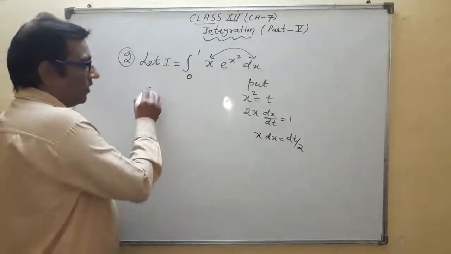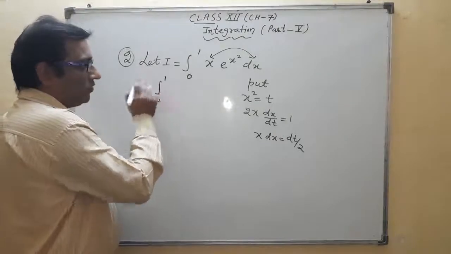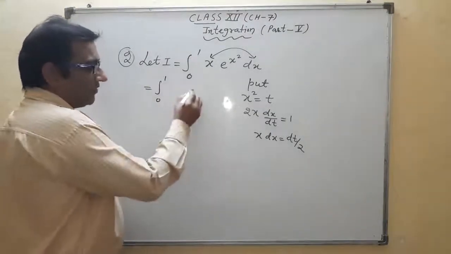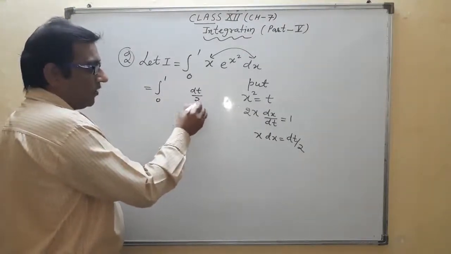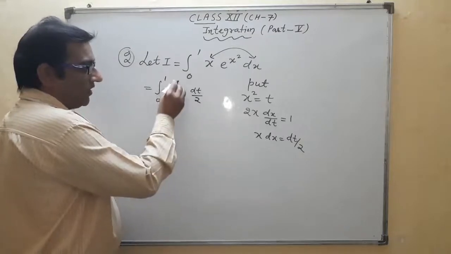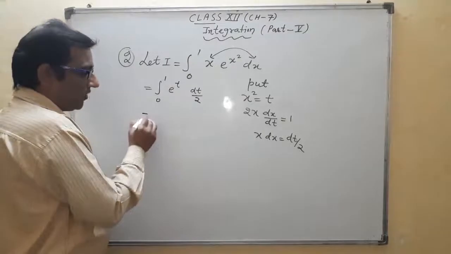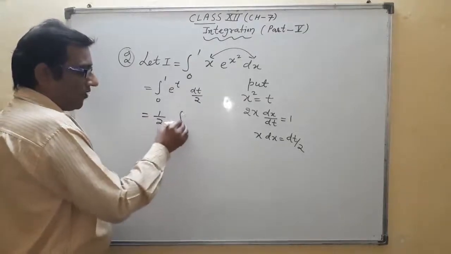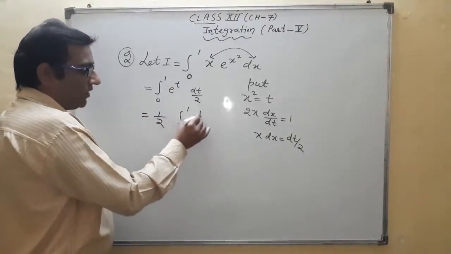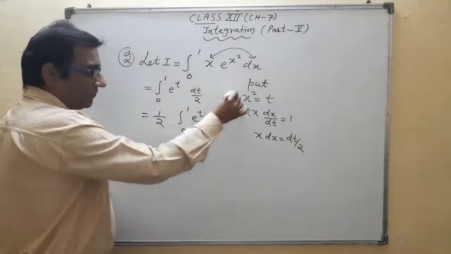Okay. Now we will put the limits 0 to 1. x dx is represented by dt upon 2, and e raised to the power x square is represented by e raised to the power t. 1 upon 2 is a constant quantity, so it can be written as 1 upon 2, integral 0 to 1 of e^t dt.